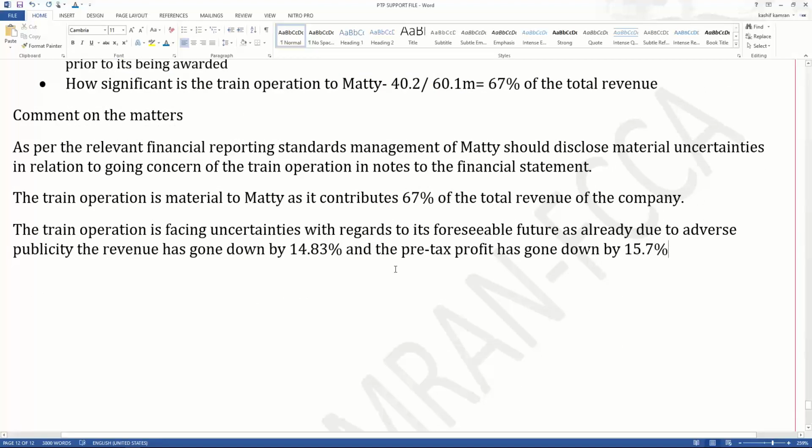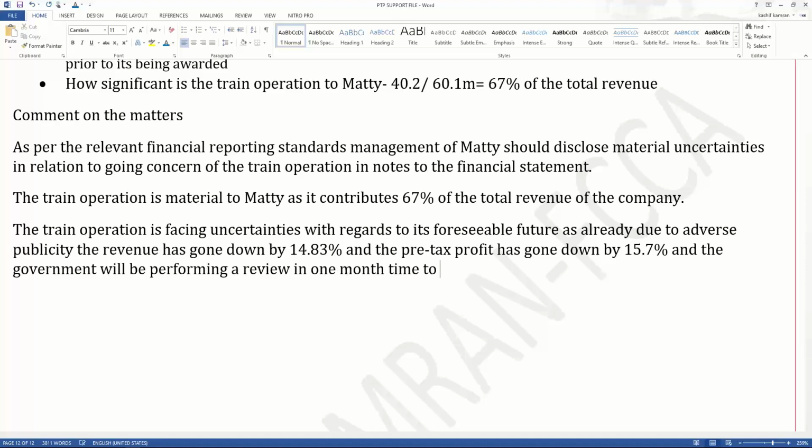The train operation is facing uncertainties with regards to its foreseeable future, as due to adverse publicity, the revenue has gone down by 14.83%, and the pre-tax profit has gone down by 15.7%, and the government will be performing a review in 1 month's time to decide whether the license will be awarded to METI or not.